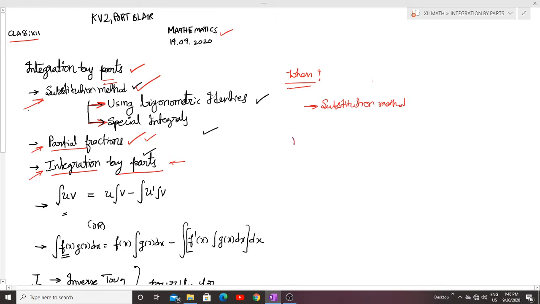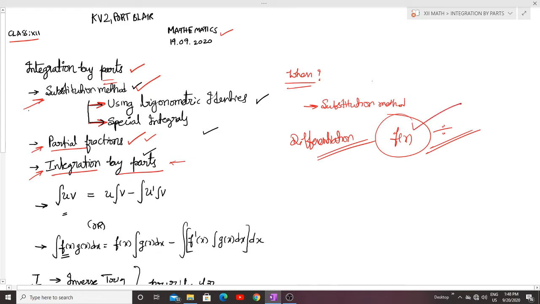Let me tell you the difference between differentiation and integration. Differentiation means you take a function and differentiate it. Differentiation is nothing but dividing into very small pieces, so it can be done for any function.